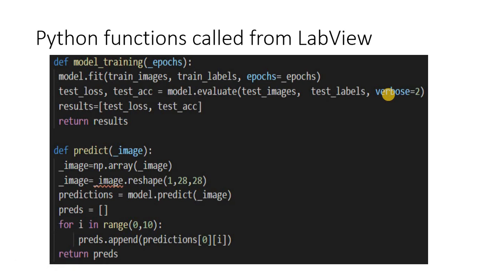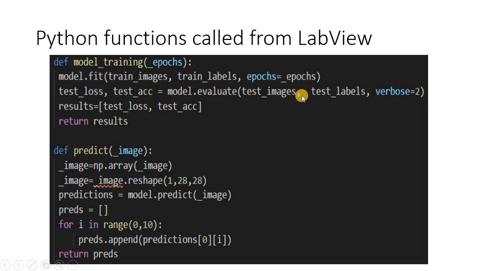The Python functions called from LabVIEW, you know that this is a module, is basically defining a function. Predict is another function, and it's returning the results here. And this is a function which takes all the train images and train labels, and it goes through epochs.